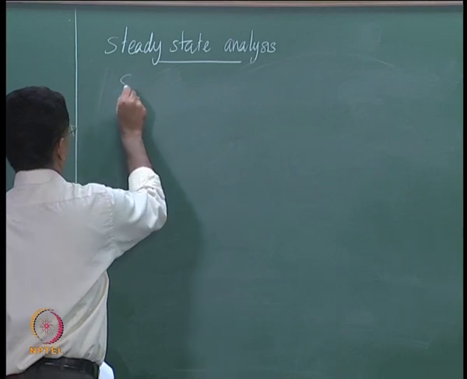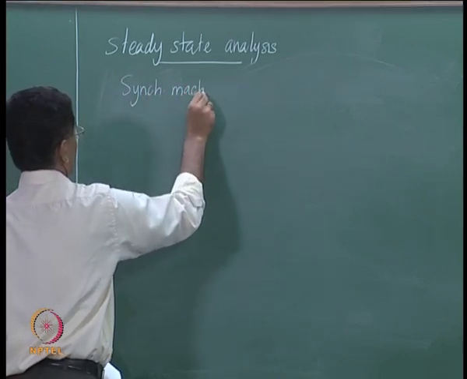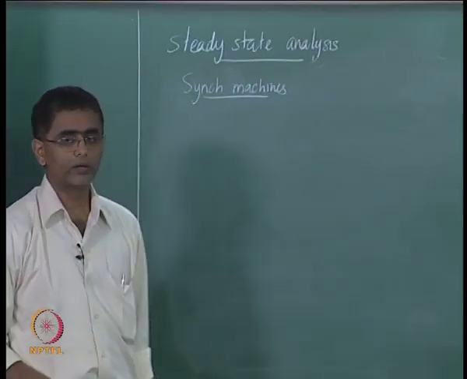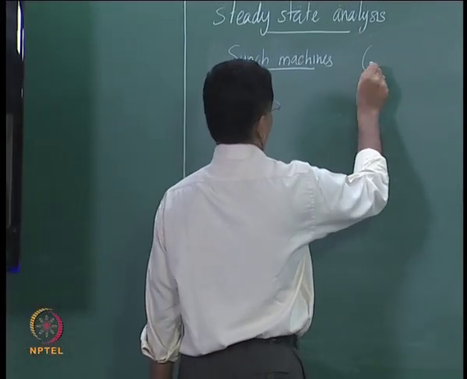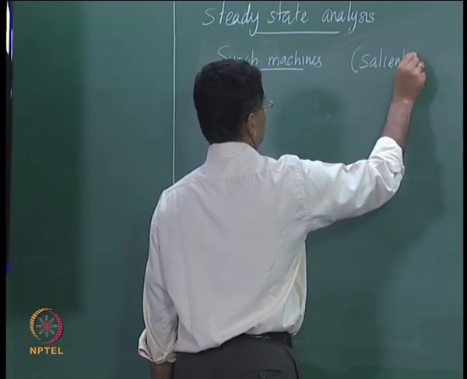So now we move on to synchronous machines, steady state analysis, and in that we are going to look at salient pole machines.